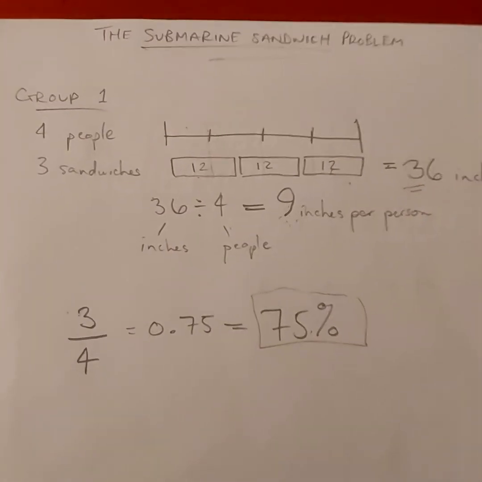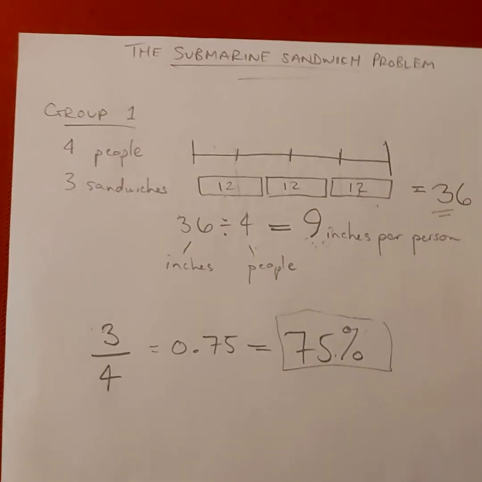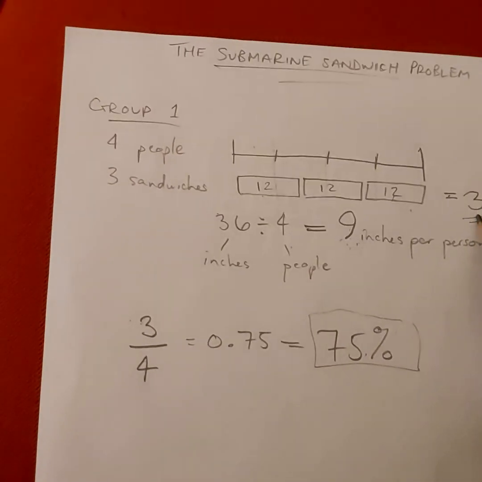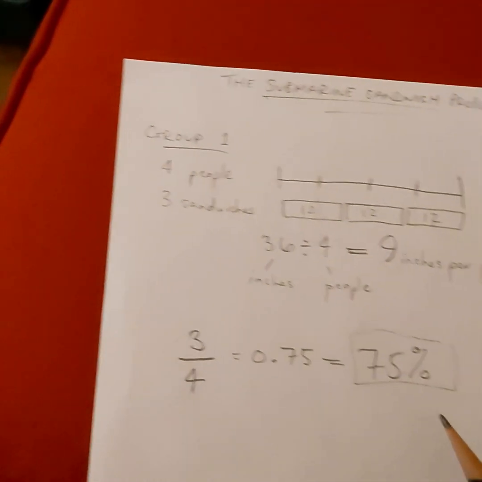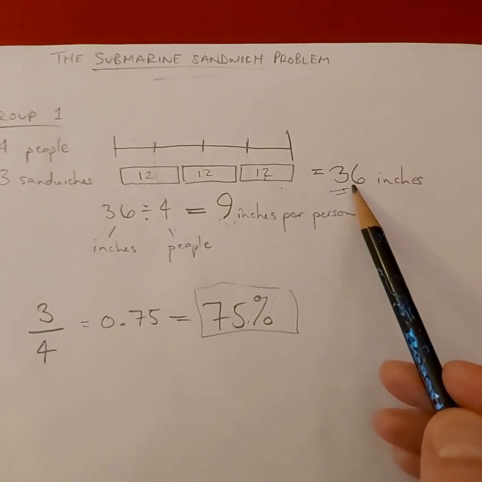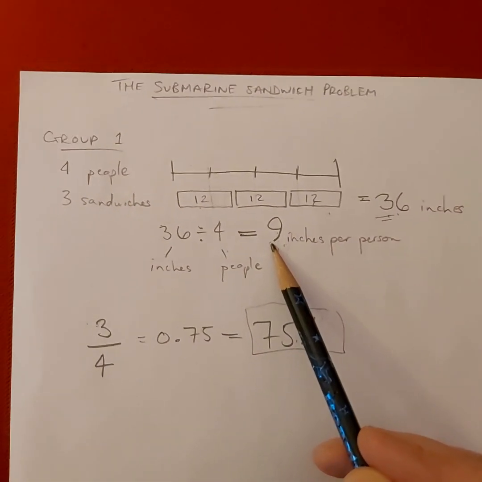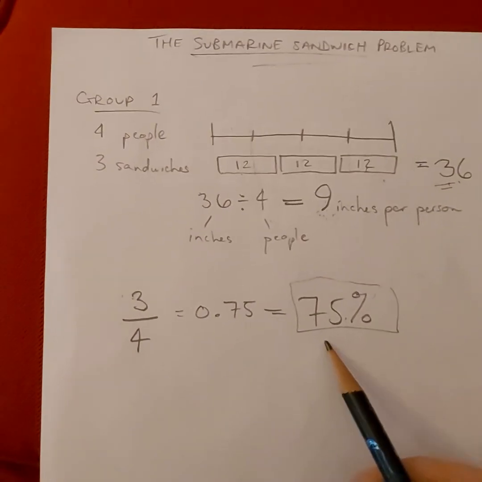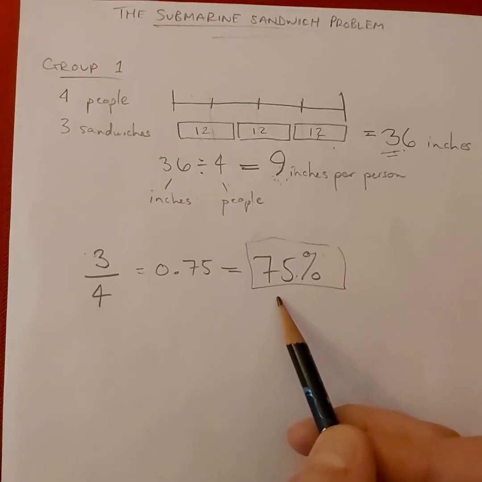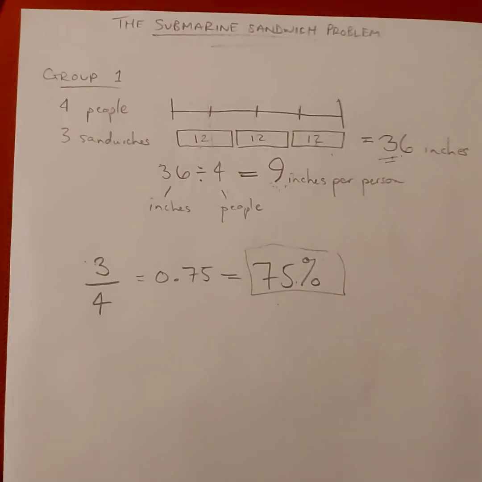And that means if we do it this strategy and add up the total sandwich length divided by the number of people, 36 inches of sandwich divided by 4 people gave us 9 inches per person, which turns out to be exactly 75%. That's the first group.